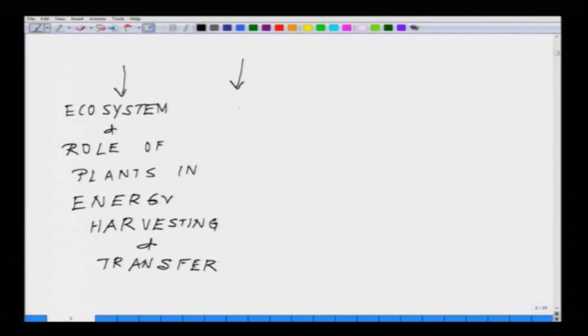Then we will be talking about the classification of plants.